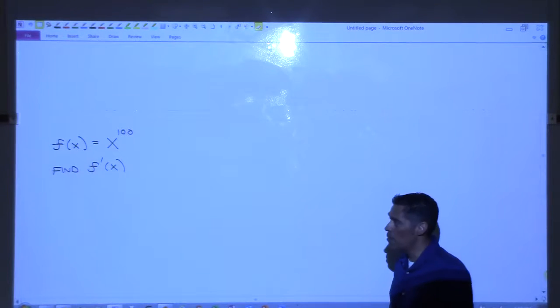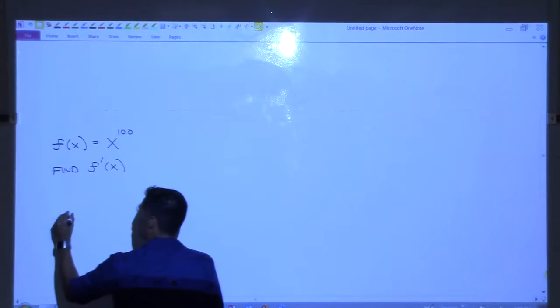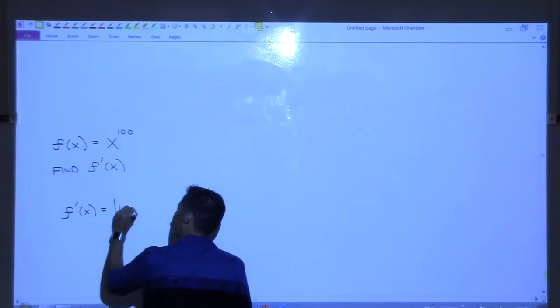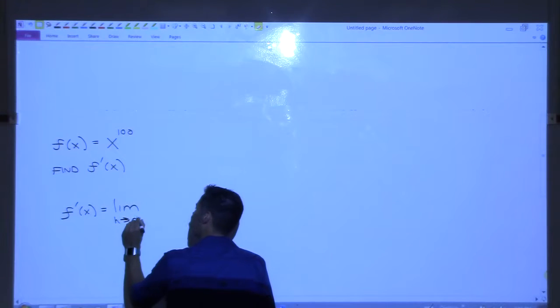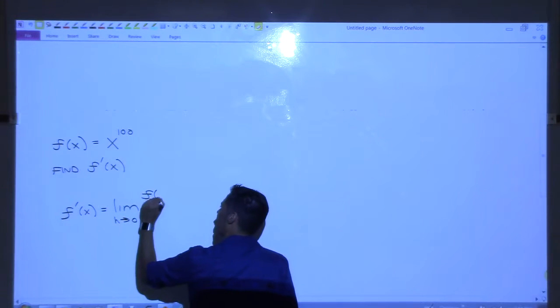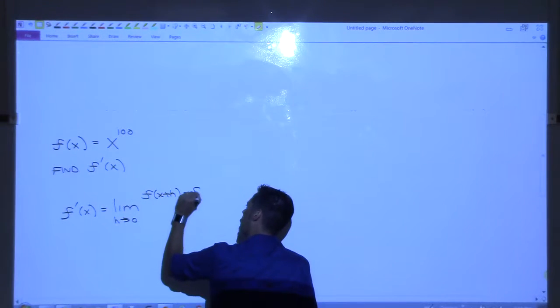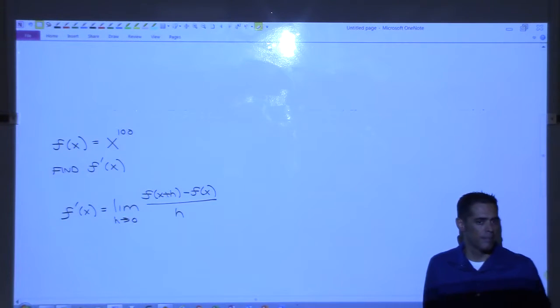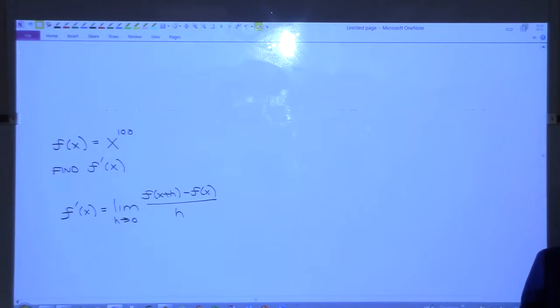Right now, the only way we know to do this is to say f prime of x equals the limit as h goes to 0 of f of x plus h minus f of x all over h, right? That's how we do it. Use the definition of the derivative.